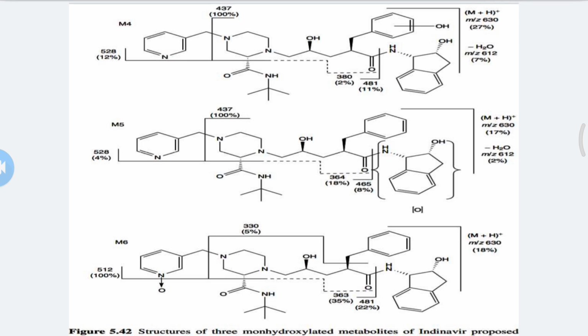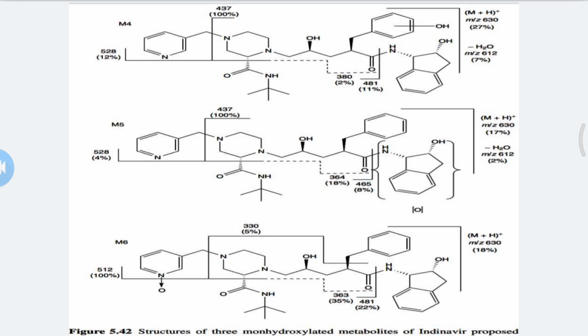Second, in this, 330 is the molecular weight. This is the pyrazine, but it is a root fragmentation effect.